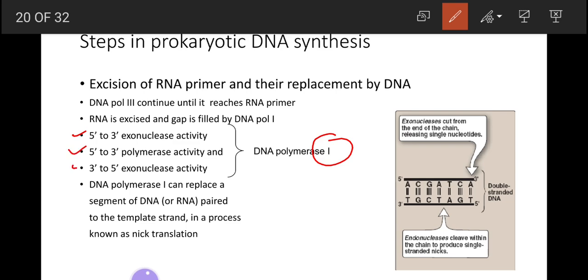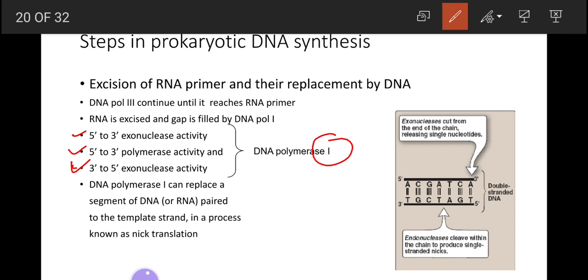The 2 types are the same, the 5' to 3' polymerase activity and the 3' to 5' exonuclease activity. It contains an additional activity, the 5' to 3' exonuclease activity. This activity is not present in DNA polymerase 3.